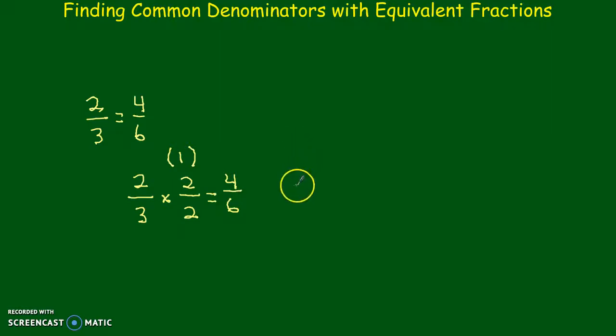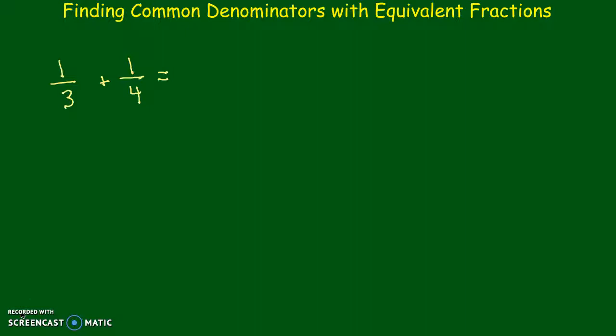Another example we could do would be 2/5, and if we multiplied 2/5 times 3/3, and again we're multiplying by 1 because we're going to end up with the same answer just with different size pieces, 2/5 times 3/3 equals 6/15. So that's one way to find equivalent fractions.